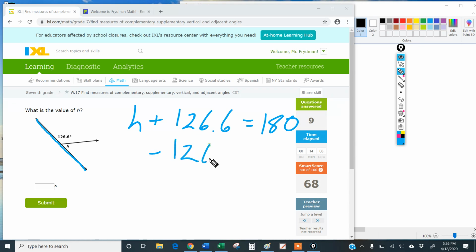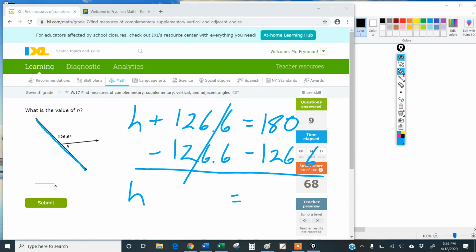Subtract 126.6 from both sides. That cancels. We have H equals, let's put a 0.0 in here. Borrow from the 8, that'll become a 7. Put a 1 there. Borrow from that, that becomes a 9. Put a 1 there, so we get 4 here. 9 minus 6 is 3. Put the decimal in there. 7 minus 2 is 5, and 1 minus 1 is 0. So we get 53.4 degrees.